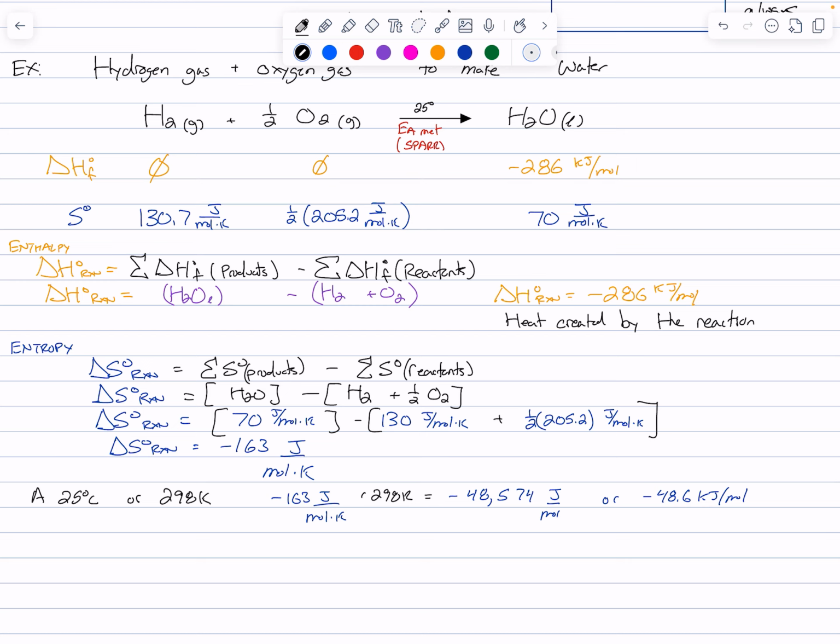That means the energy in this system is less dispersed. That means our system got more organized.